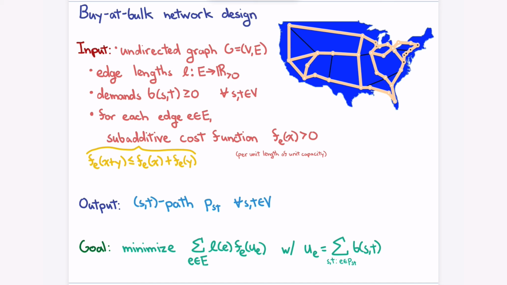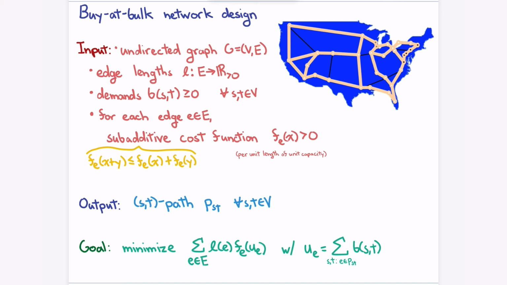You're going to choose one path between every pair of nodes, maybe up to this demand, or you can just think of the demand as being one for simplicity first. So you need a path between every pair. A path corresponds to actually laying out some amount of wire from S to T, a unit of wire. Now for a particular edge, there may be many ST pairs using it.